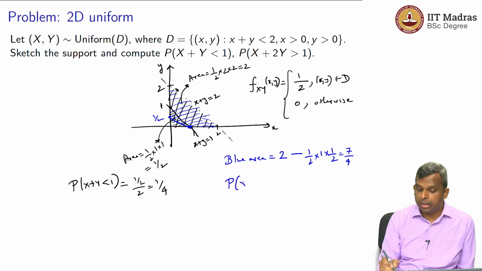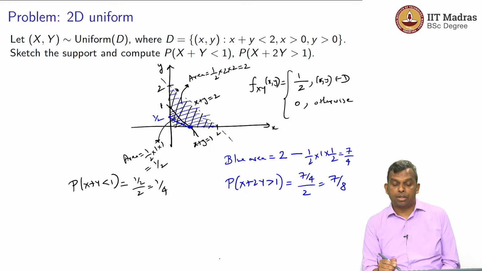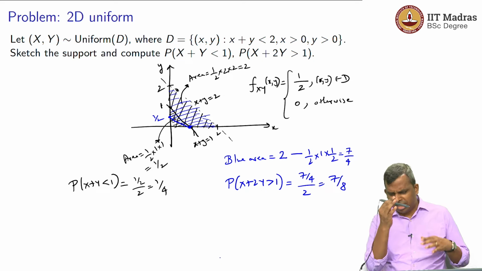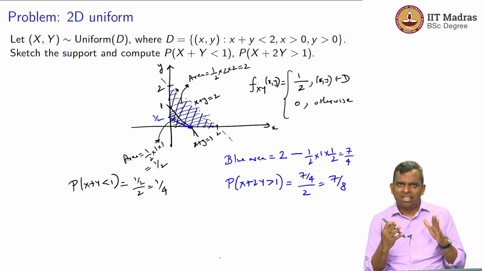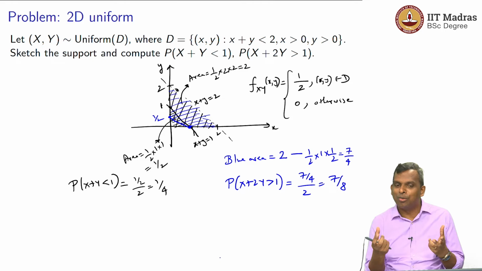So, probability that x plus 2y is greater than 1 is 7 by 4 divided by 2, that is 7 by 8. So, quite a high probability that x plus 2y becomes greater than 1. So, you notice how I did this. Since it's just uniform and you only have straight lines separating the regions, it's easy to just simply find the area and then divide the areas to get the probabilities that you will lie inside a smaller region. Okay, so this works for uniform, doesn't work for non-uniform. Okay, so uniform is very, very easy.